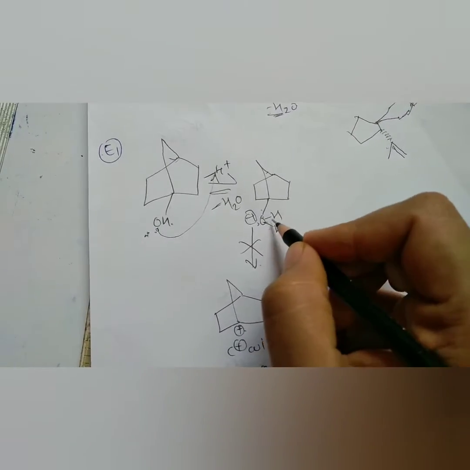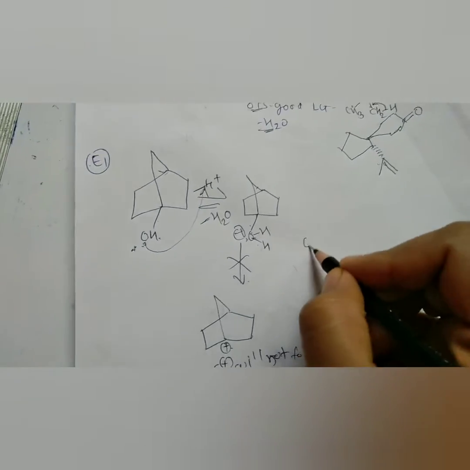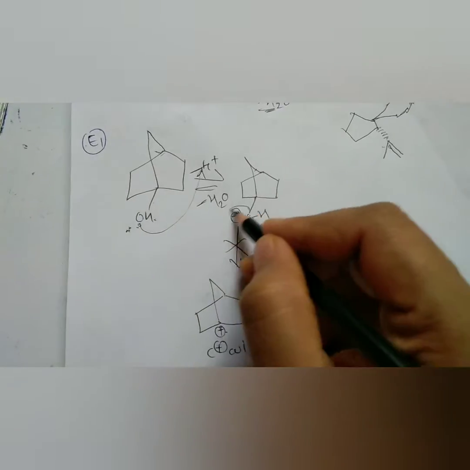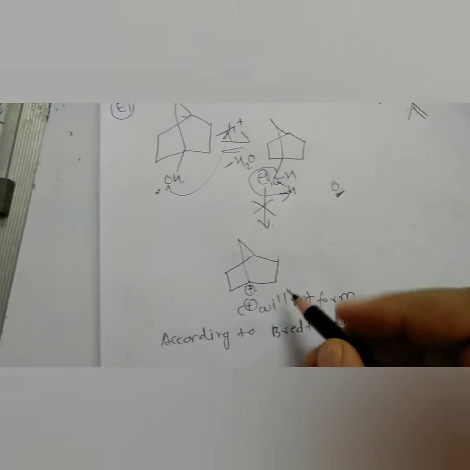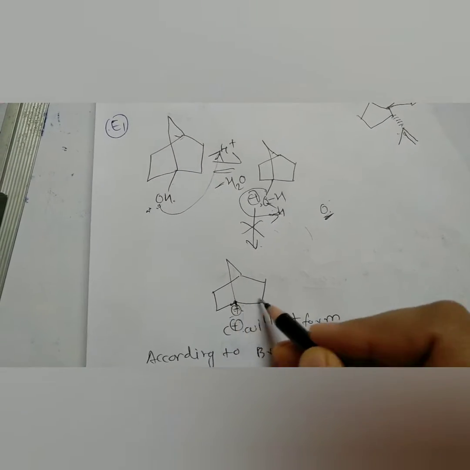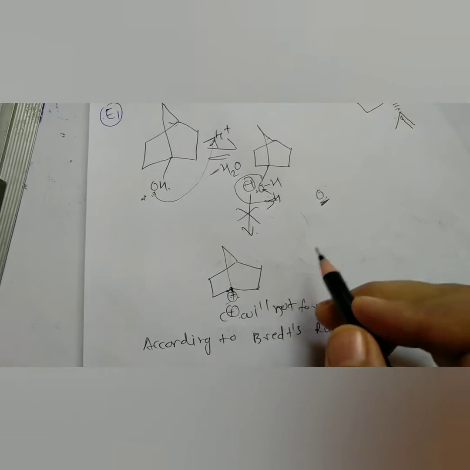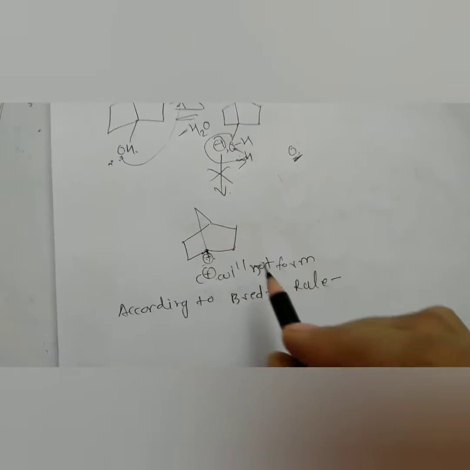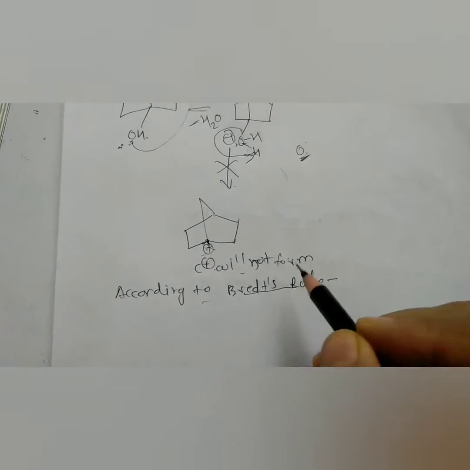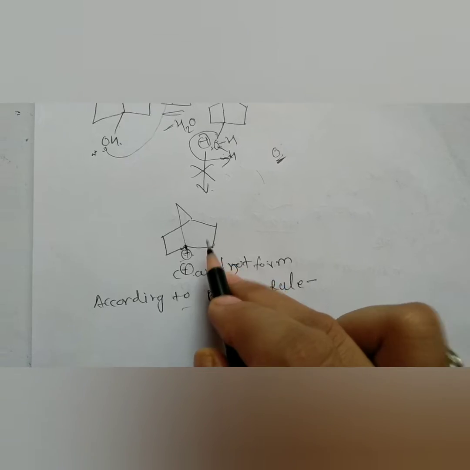Because 1, 2, 3, this becomes trivalent, and we know that oxygen is a divalent atom. So after the elimination of water, what do we get here? The carbocation will form, but we cannot allow this carbocation at the bridgehead position, because the bridgehead position is not suitable for the reaction, so the reaction does not occur. The carbocation will not form according to Bredt's rule. What does Bredt's rule say? A carbocation at the bridgehead position is not allowed.